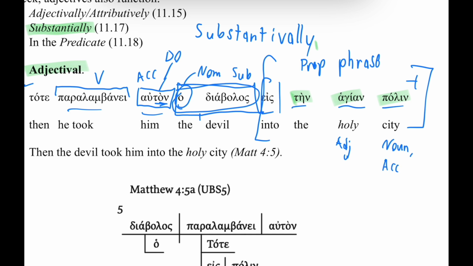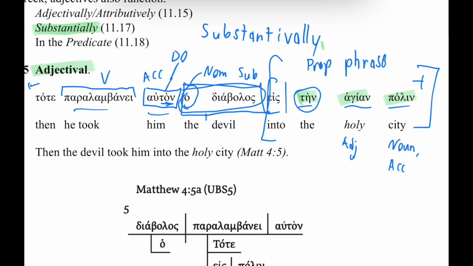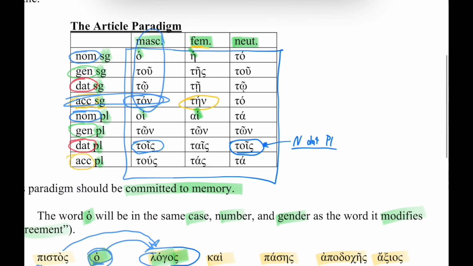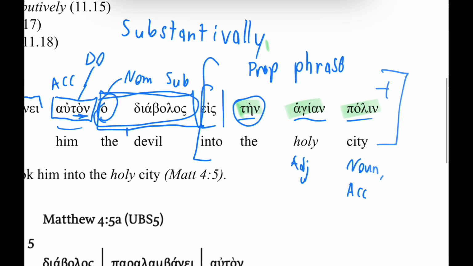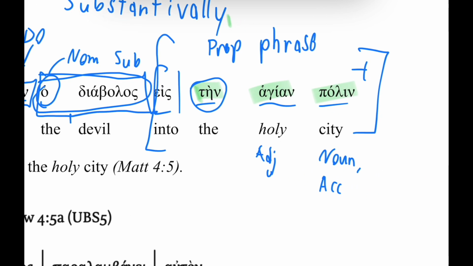And you can know that because tain, if you look at this, you go back to your article paradigm, where do you find tain? Bingo. Feminine, accusative, singular. So we know we're dealing with a feminine, accusative, singular article, and that is modifying the noun.